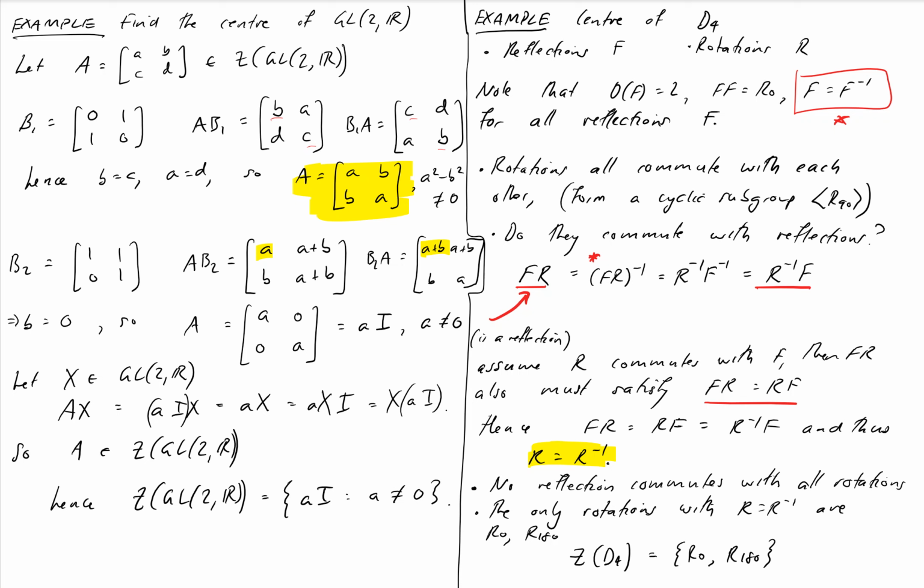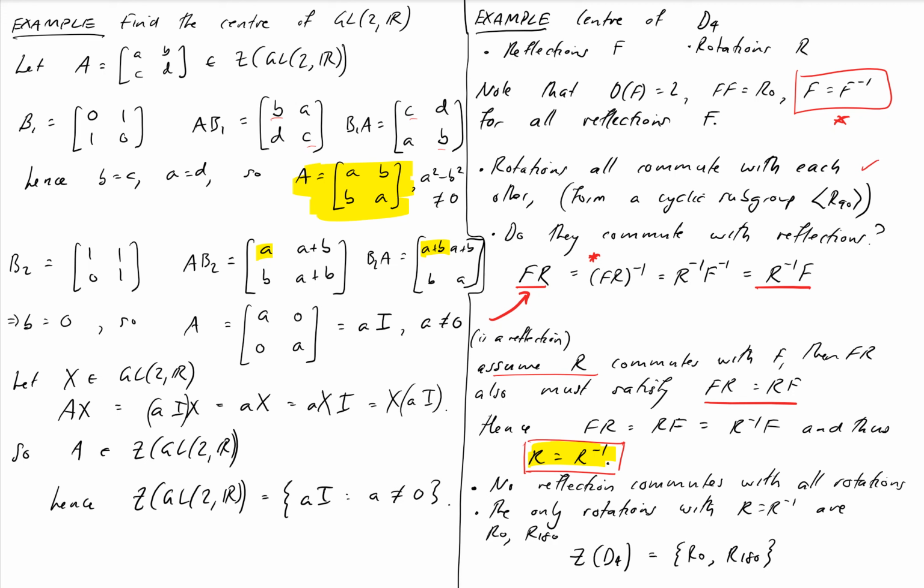But essentially the argument went, I'm going to start by considering rotations. First off, I showed they commuted with each other, all of them do. And then I said, let's assume that a particular rotation R commutes with a reflection, a general reflection F. That implied that R equals R inverse. So it meant of the rotations, only the ones that satisfy R equals R inverse were allowed in.